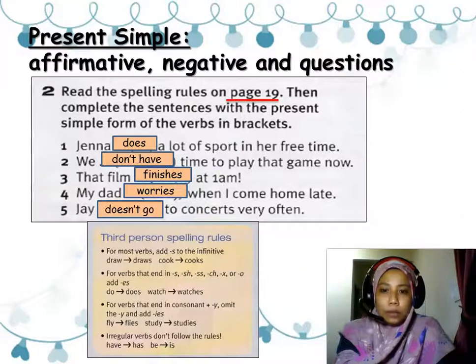Next, for verbs that end in consonant plus y, omit the y and add ies, as in flies and studies. The irregular verbs don't follow the rules, such as have becomes has, and the verb to be becomes is or are.